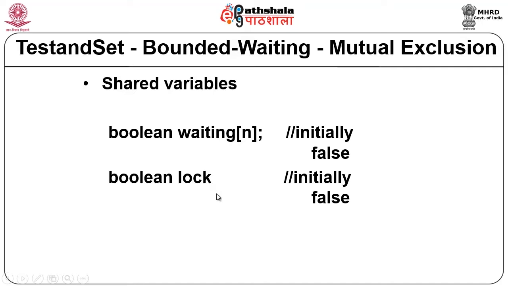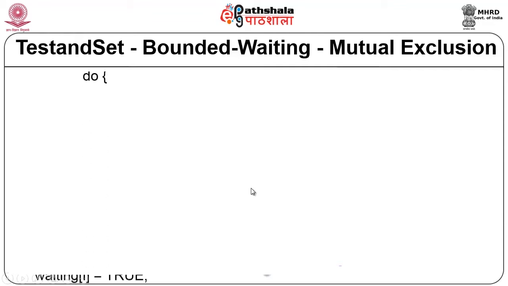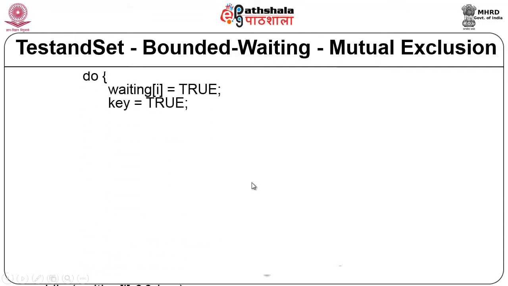This is again another shared variable, and all these are initialized to false. So, the waiting array with n number of elements initialized to false, and the lock variable, a single variable initialized to false, and these variables are shared between all the processes that are willing to enter the critical section. So, the algorithm goes something like this.